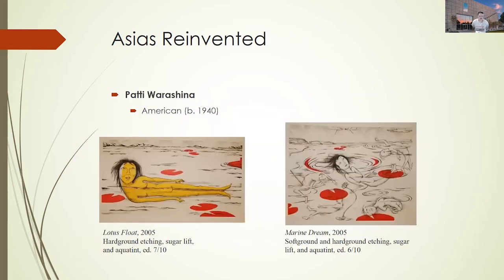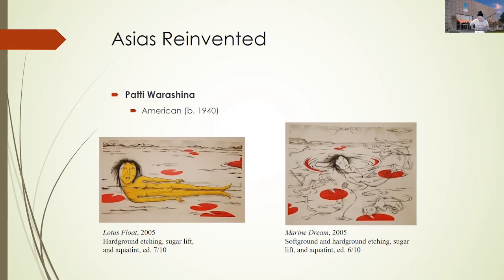And then finally, we have Patty Warashina, and she is known for her funk art inspired ceramics. These two prints are a rare yet remarkable work of hers in which she explores the issue of identity.